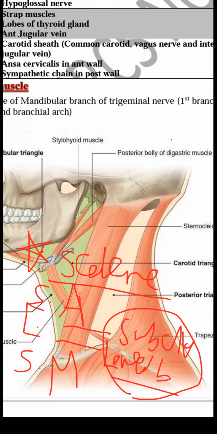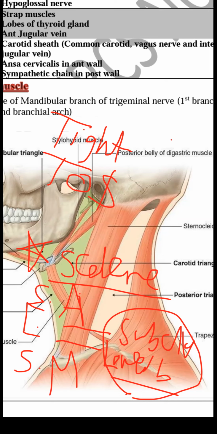Both structures are responsible for a syndrome called tight scalene syndrome, or what's called thoracic outlet syndrome. Obstruction or compression of this triangle causes compression over the subclavian artery or the lower trunk of the brachial plexus. So this patient may present with arterial manifestation or neurovascular manifestation.